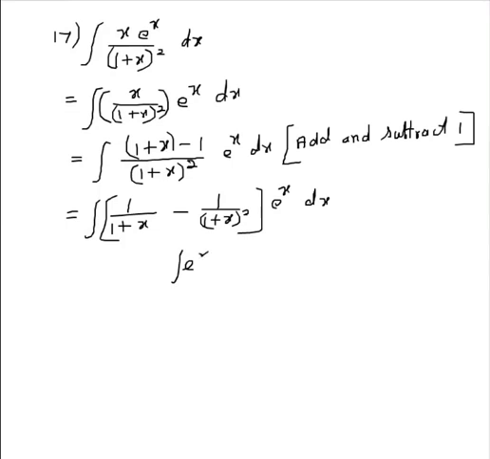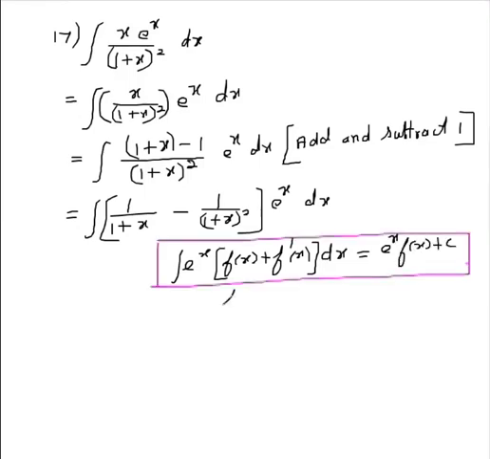Let us write the formula. Integral e power x times f of x plus f dashed of x dx is equal to e power x times f of x plus c. Now f of x in this case is 1 divided by 1 plus x. Let us check whether f dashed is minus 1 by 1 plus x square or not. This can be written as 1 plus x whole raised to minus 1.